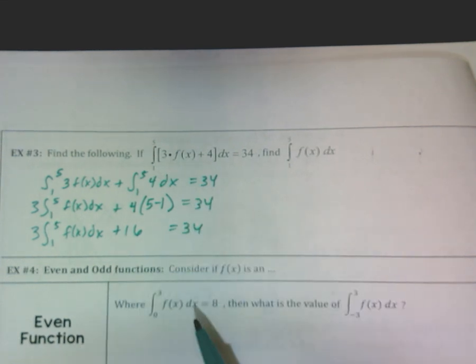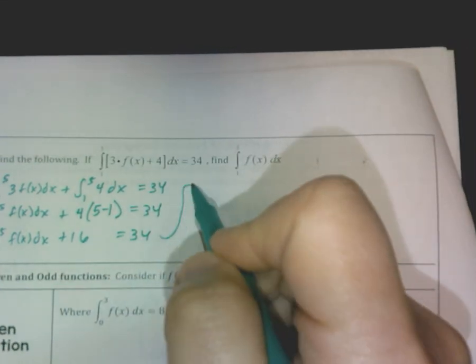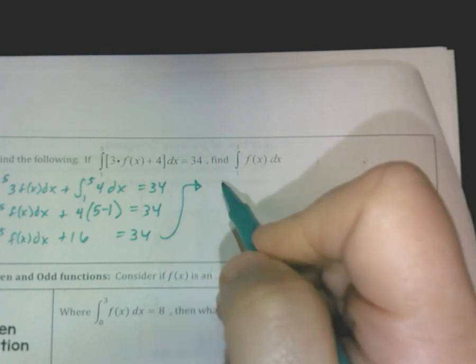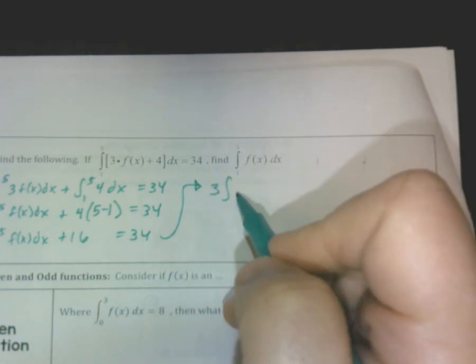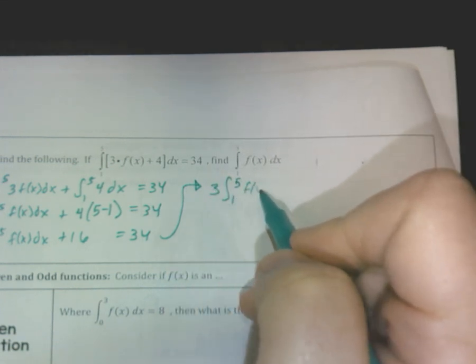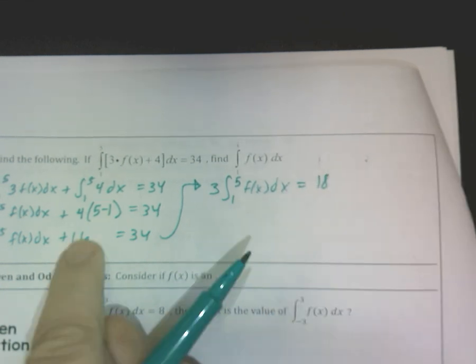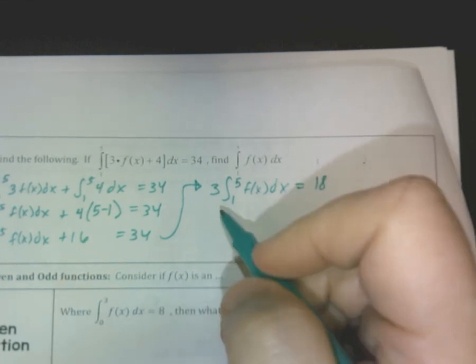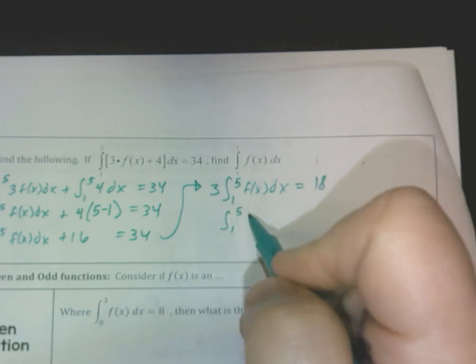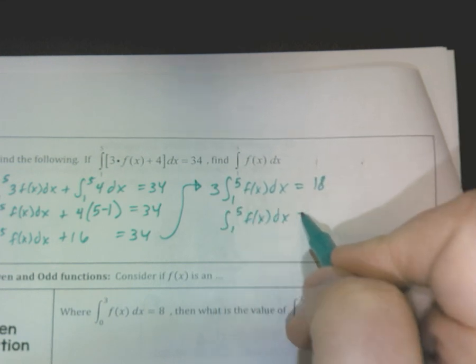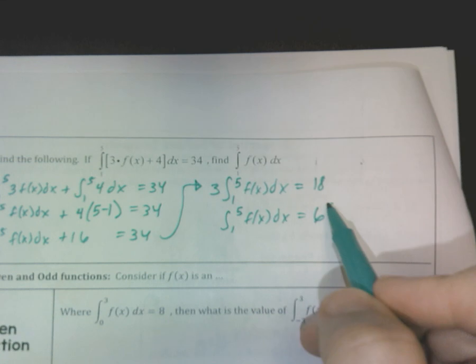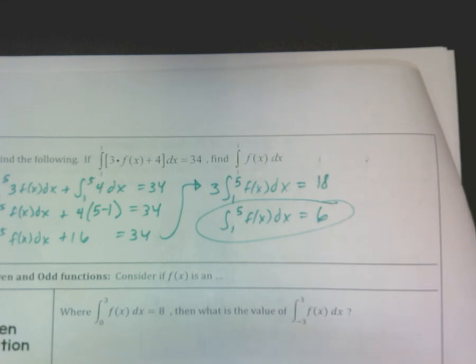Let's bring 16 over. So 3 times the integral from 1 to 5 of f of x dx must equal then 18, right? Subtracting the 16. Let's divide out the 3, and look at that. It must be 6. Pretty cool.